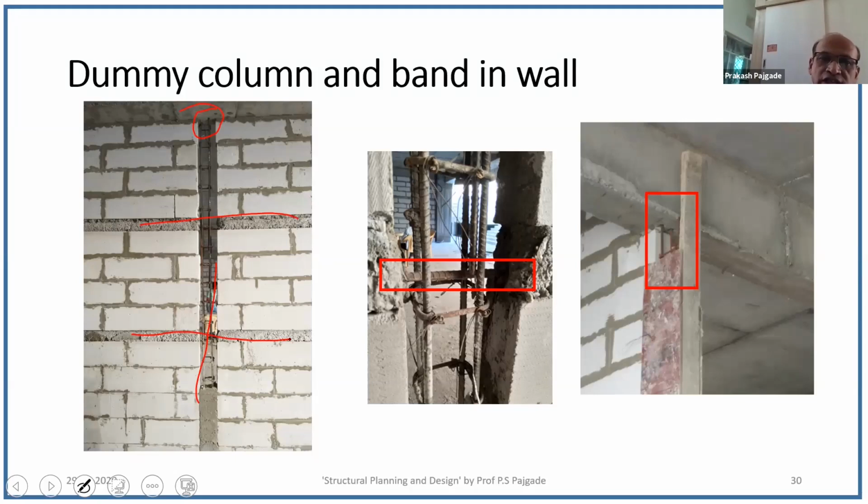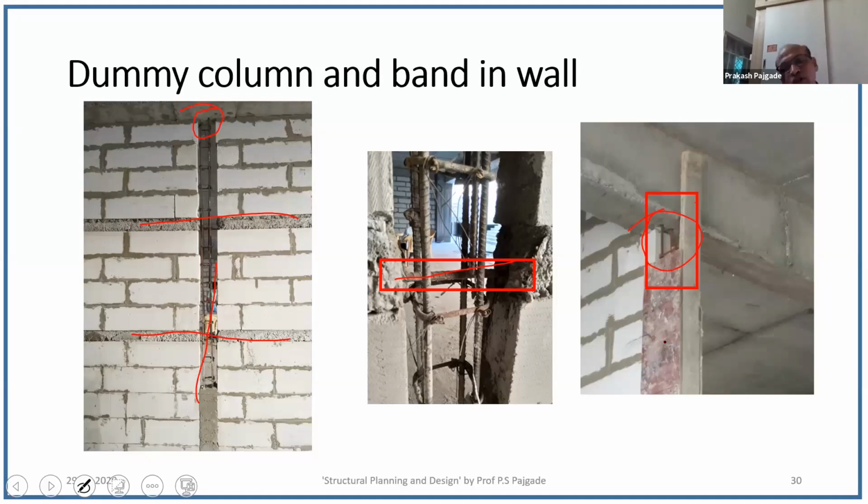In horizontal element also some reinforcement is required because there will be tension developed. So horizontal reinforcement as well as vertical reinforcement is essential. These vertical reinforcement must be anchored in the main structural element, such as in this case beam. If you are not anchoring this, then there is no use. The entire panel will be overturned along with this dummy column.